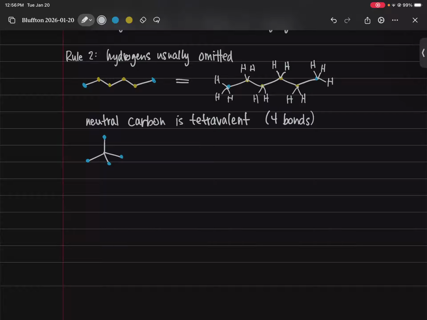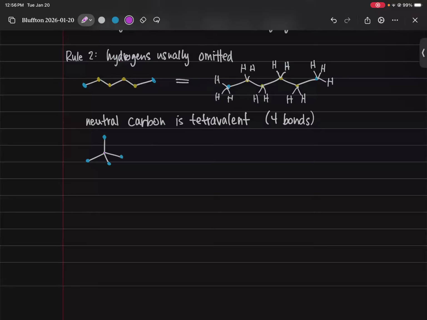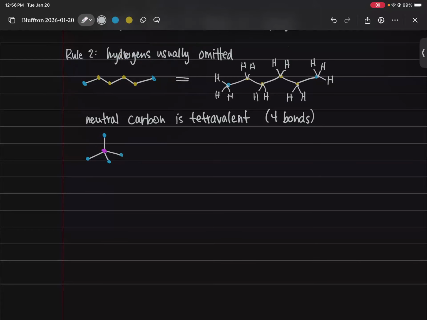So the other 3 bonds to make 4 have to be hydrogen. But in this case, we have a vertex here in the middle in pink that has 4 bonds to it. So a carbon with 4 bonds to other carbons, how many hydrogens does it have? None.